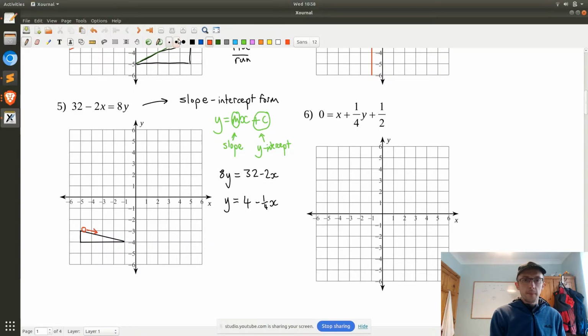Now, what's the y-intercept? The y-intercept in this case is 4. So mark on a 4. It has to pass through this point right here. That corresponds and matches c, the y-intercept. The slope, as said, is going to be this much. So you can clearly see that another point on the line will be over here.